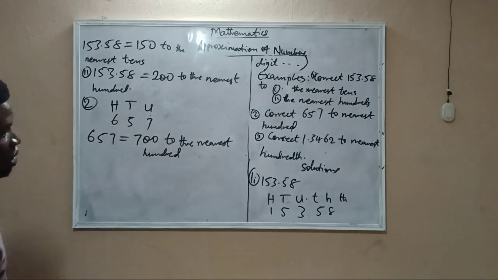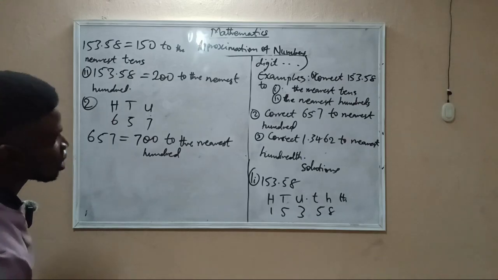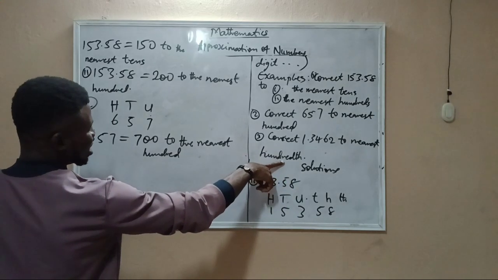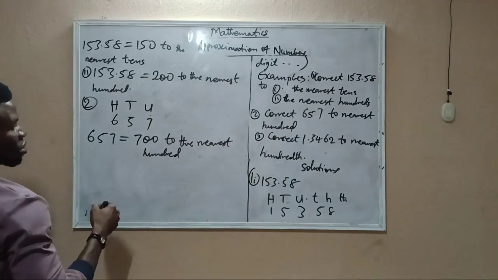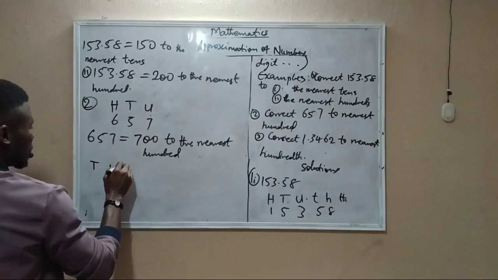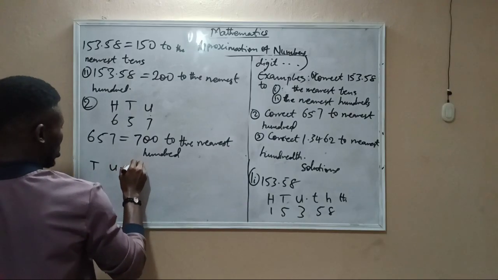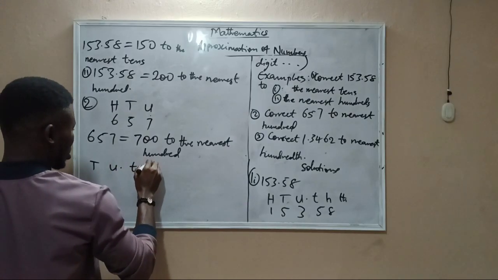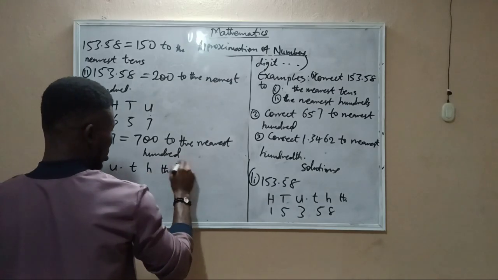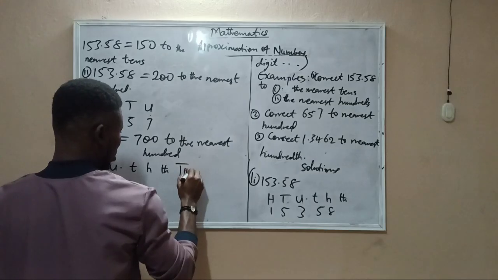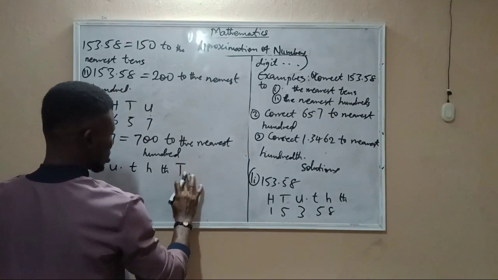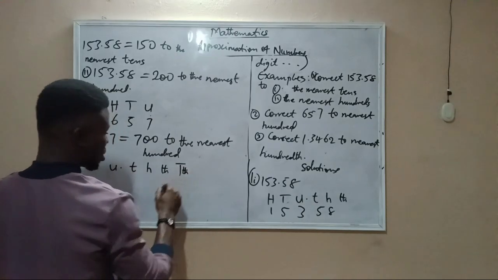That is 700. And then the last one is that we should correct this one to the nearest hundredths. Know the difference between hundreds and hundredths. So we will now have tens, units, tenths, hundredths, thousandths, then ten-thousandths.